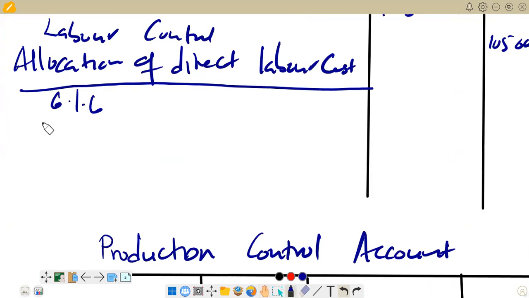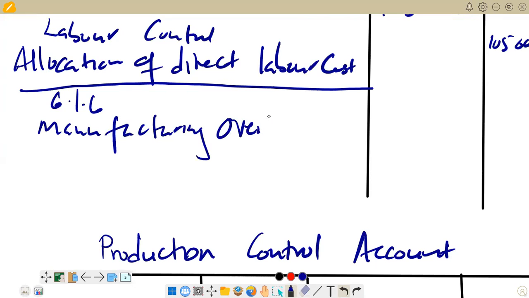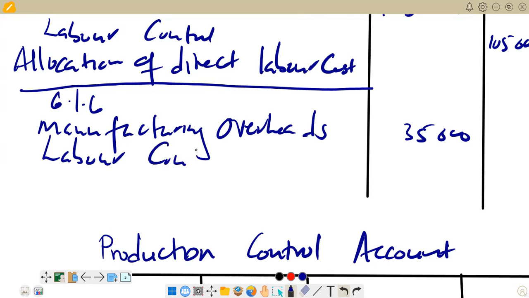We debit manufacturing overheads, which, remember, the figure is 35,000, and we credit labor control 35,000.